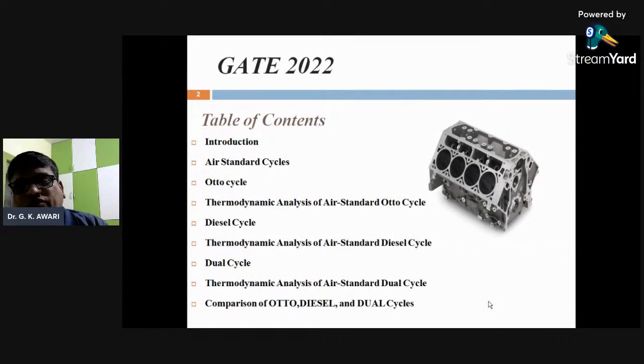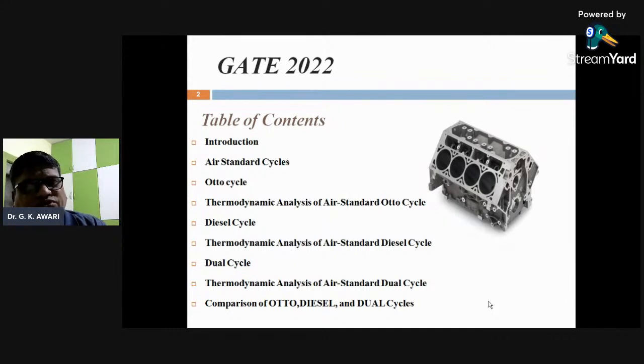So, what we are going to study today: you can see that the engine block is shown to you, which means that the applications of the air standard cycles like Otto cycle, diesel cycle, or the dual cycle are in IC engine applications.